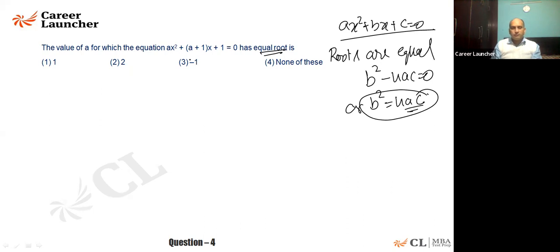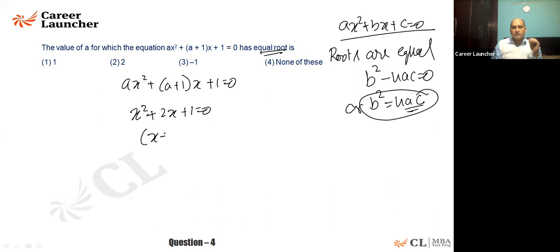Okay, here I go. I'll say ax square plus (a plus 1)x plus 1 is equal to 0. If you try to put 1 here, I'll say x square plus 2x plus 1 is equal to 0. I can say it is (x plus 1) whole square is equal to 0. I can say x is equal to only minus 1. One way is that if you put the option.